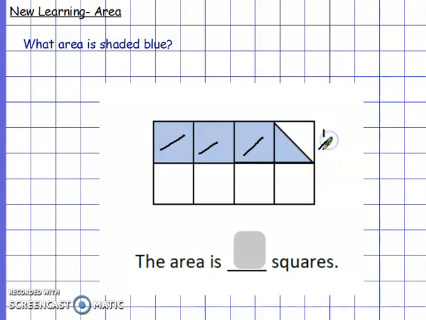It's half a square. So the area of this square is 1, 2, 3 and a half. You might get some questions like this in your work today, so take care to make sure you're making notes around the squares if they're only shaded in halfway.